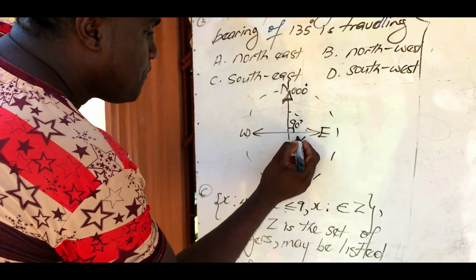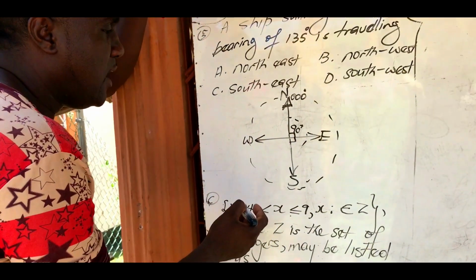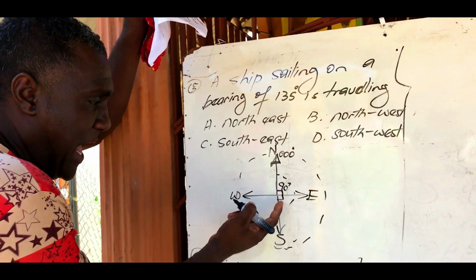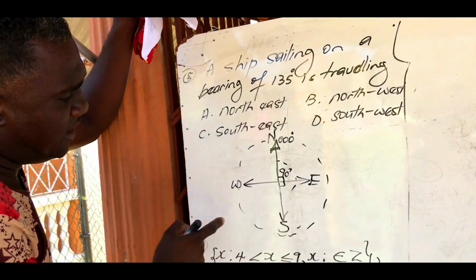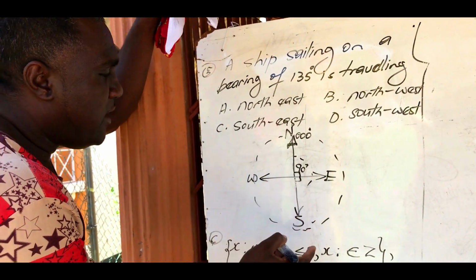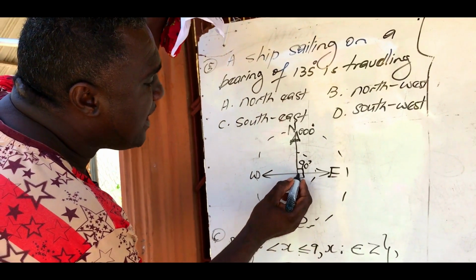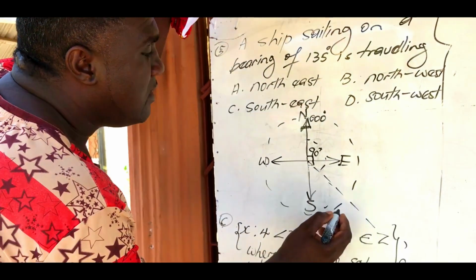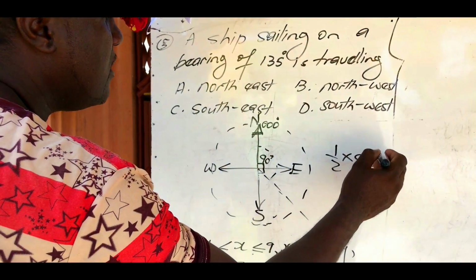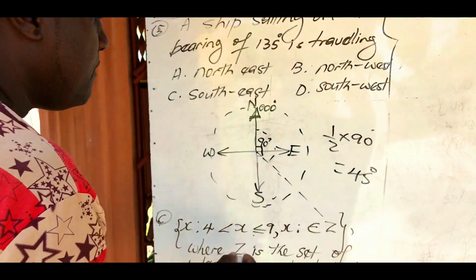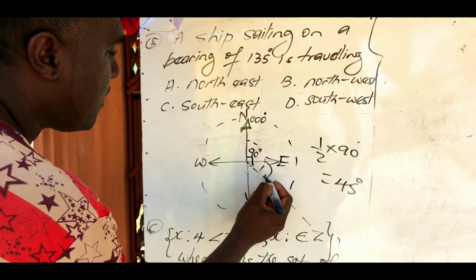Now, since east to south, or this quadrant here, has an angle of 90 degrees inside here, if we find half of 90 degrees, that's actually 45 degrees. So from here to here is 45 degrees.